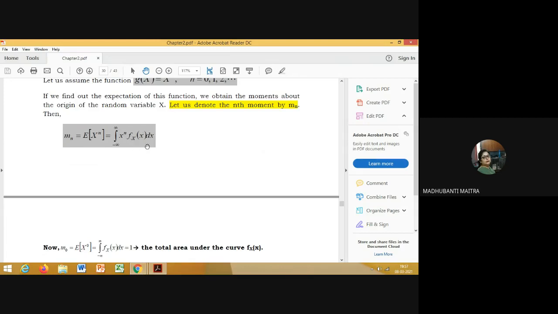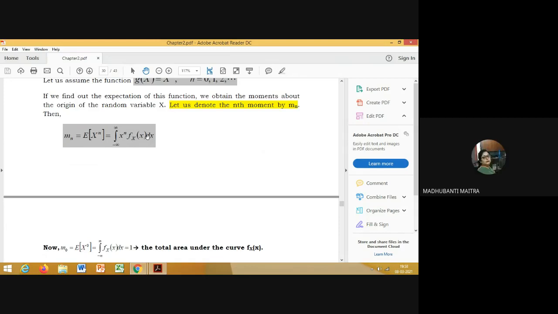Area under this density function. x to the power 0 is 1, isn't it? Yes, ma'am. So the integration will reduce to minus infinity to infinity 1 into f(x) dx, right?